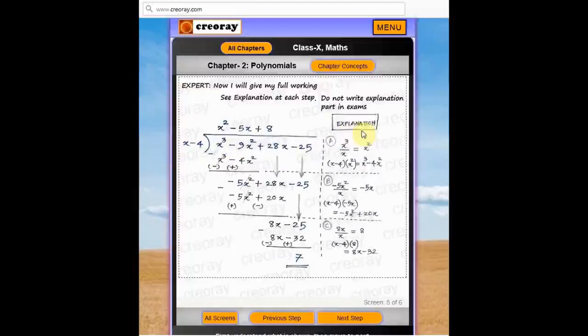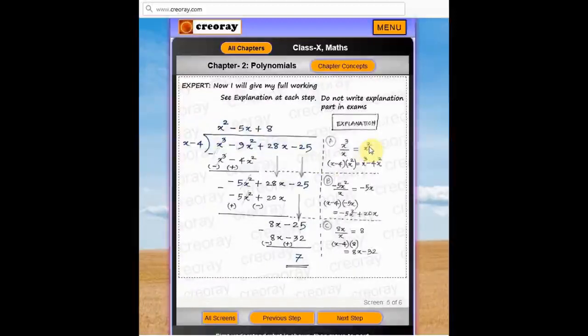So here's the explanation. Start with x cubed, the first term, and take x of this divisor. Divide x cubed by x, you get x squared. Now this x squared is your first part of the quotient.